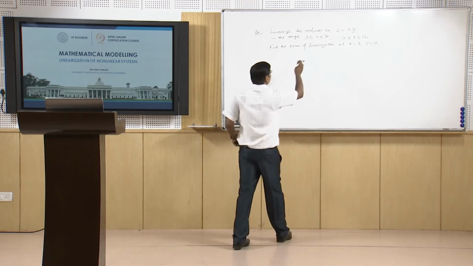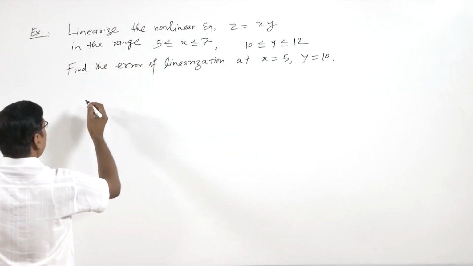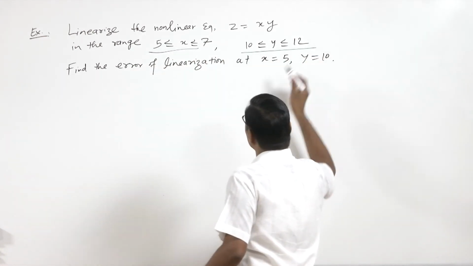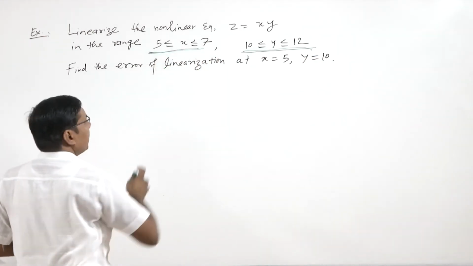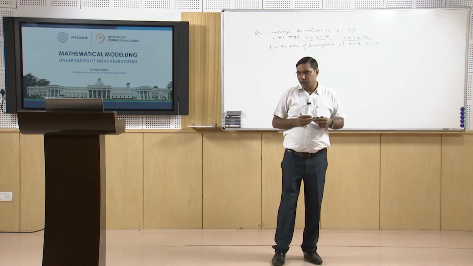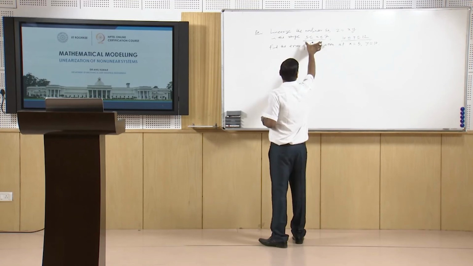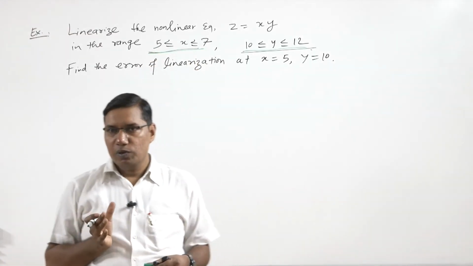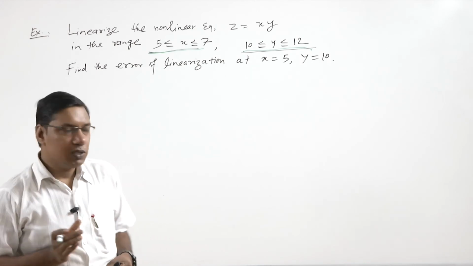Now, from this range we should find that equilibrium point. So, let us take this equilibrium point as the mean of these two extreme values.